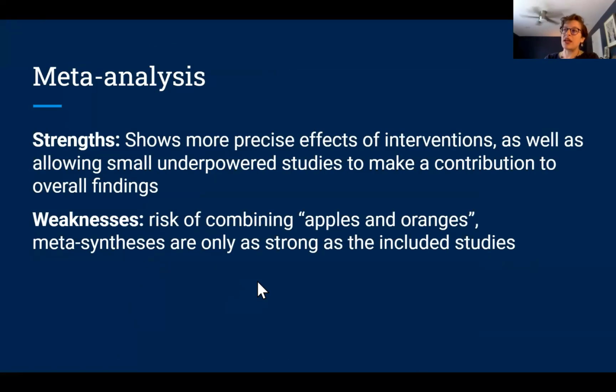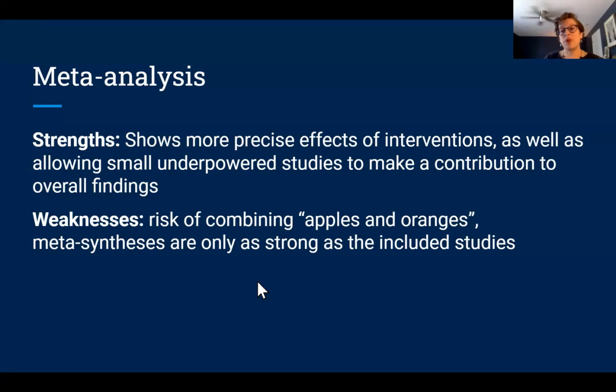The strengths of meta-analysis, obviously, are that when you're using the statistics, it's going to show more precise effects of interventions. It also allows you to compile studies. Sometimes you might find some really small, underpowered studies that on their own don't give good evidence. But when you're able to statistically weight them and combine them with other studies, it can bring them into the overall findings and make them more useful than they would be on their own.